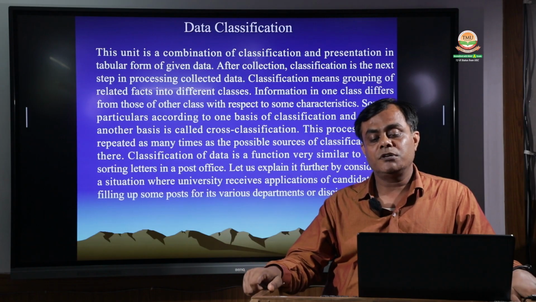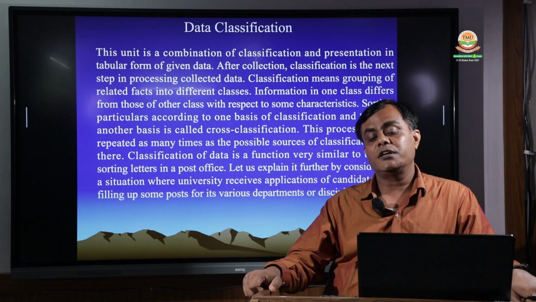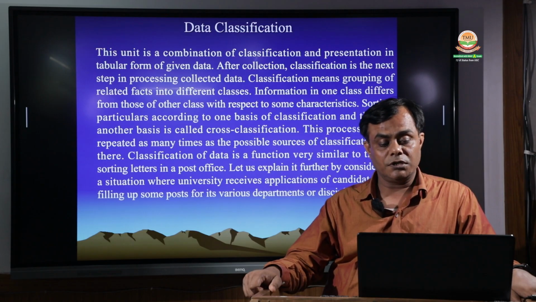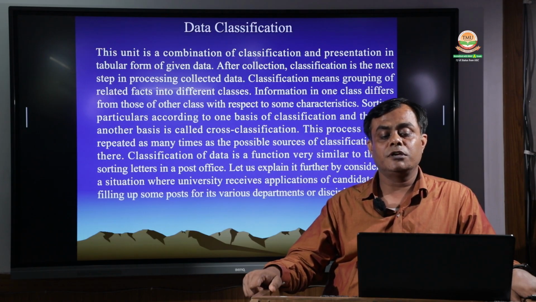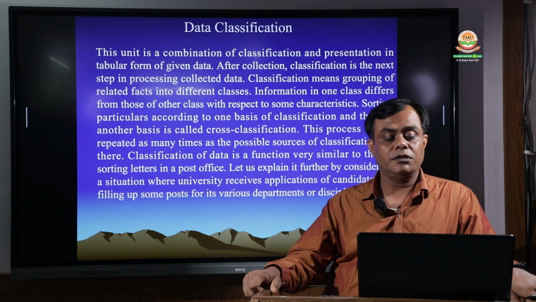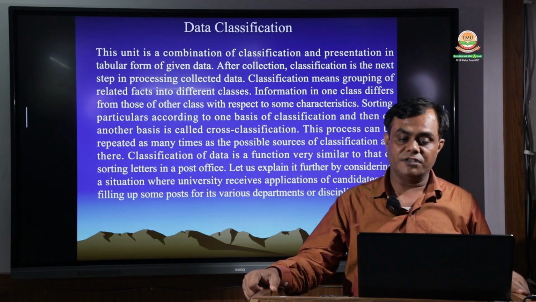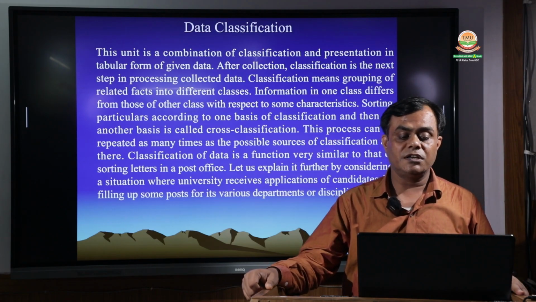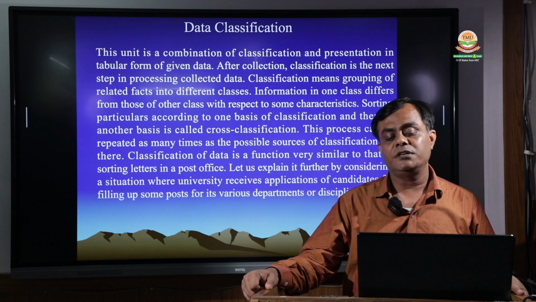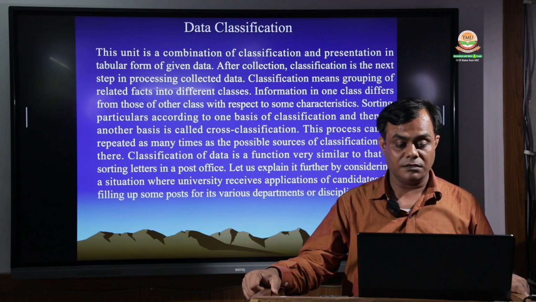Information in one class differs from that of the other class with respect to some characteristic. Sorting according to one basis of classification, and then on another basis, is called cross classification. This process can be repeated as many times as there are possible sources of classification.